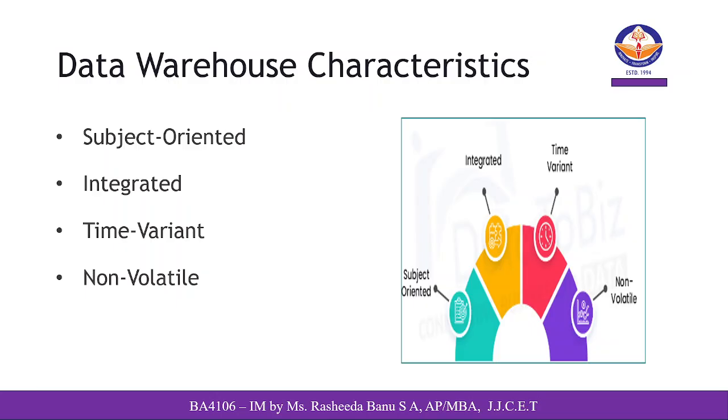Second one is integrated. Data from various sources is consolidated and transformed into a consistent format within the data warehouse. Third one is time variant. Data in a data warehouse is stored with a historical perspective, including past data alongside current data. So fourth one is non-volatile. Data in the data warehouse is not updated or deleted frequently. Once data is loaded, it remains for historical analysis.